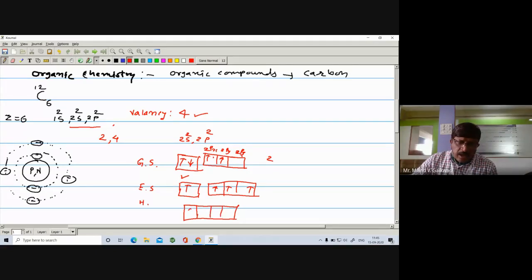So 1s and 3p give sp3 hybridization: sp3, sp3, sp3, sp3. That means there are 4 sp3 orbitals, right? Here you are getting 4 sp3 orbitals.